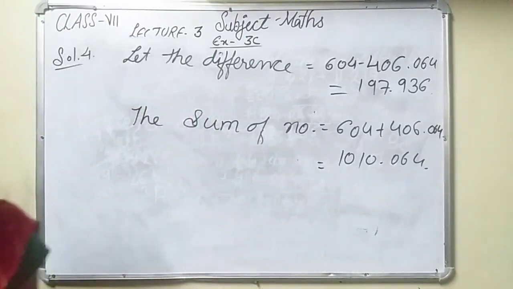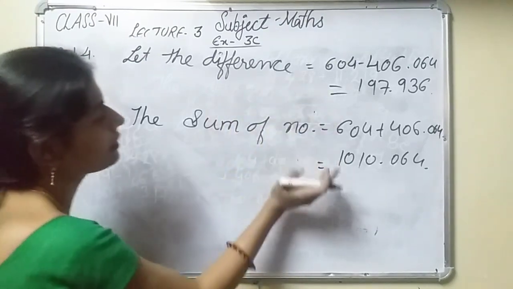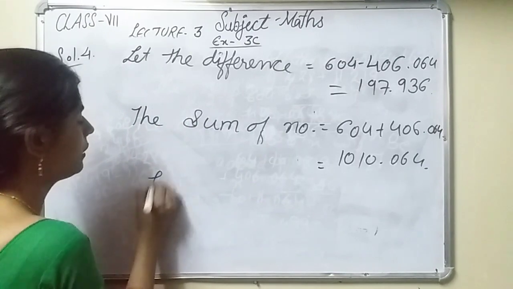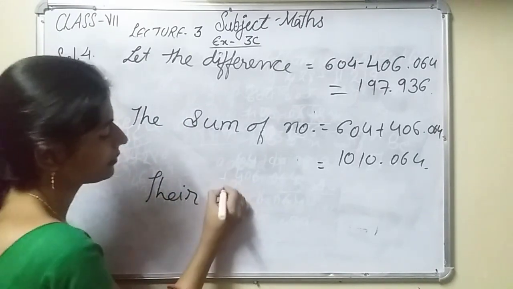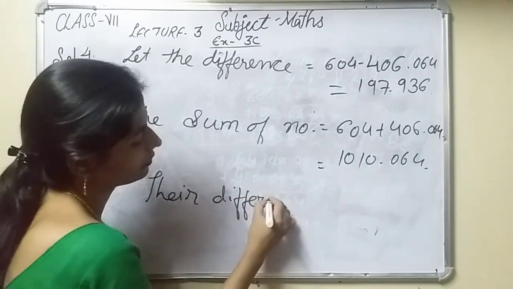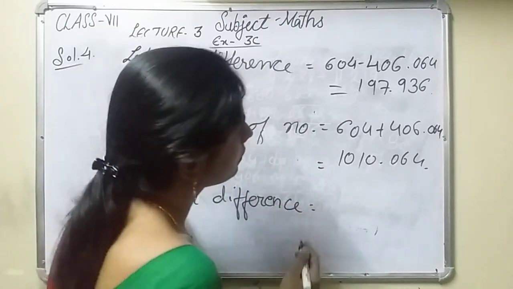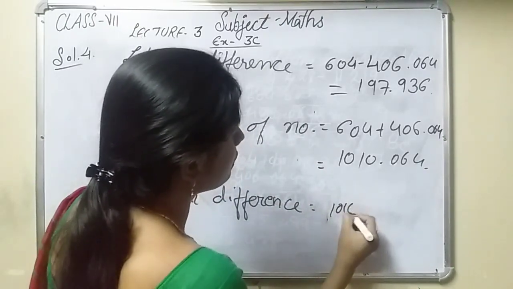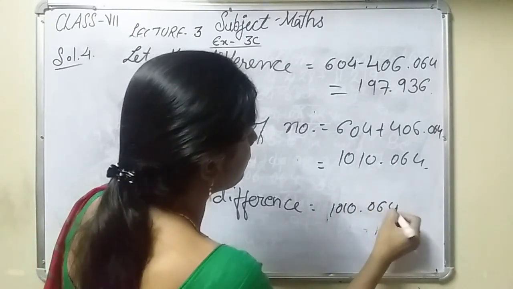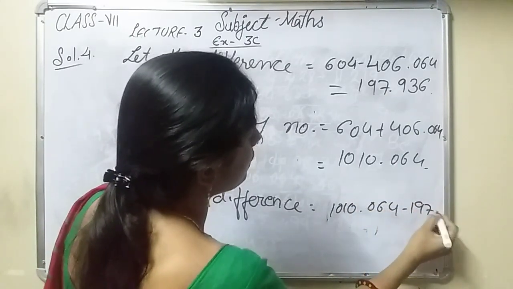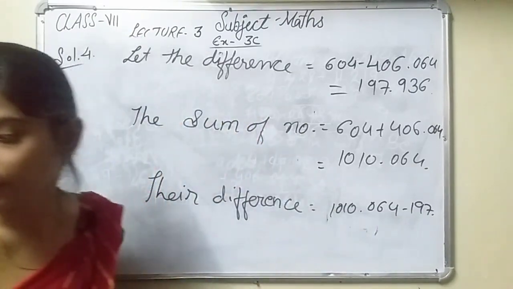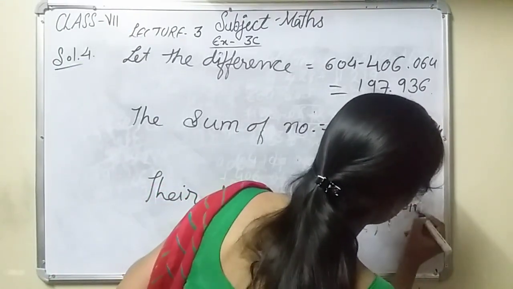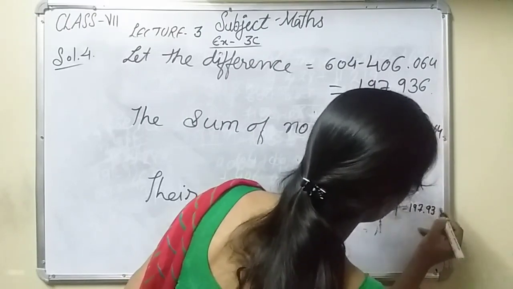Now what they are asking is how much lesser. This number is how much less than this number. Now we have to find their difference. Now see, 1010.064 minus 197.936.